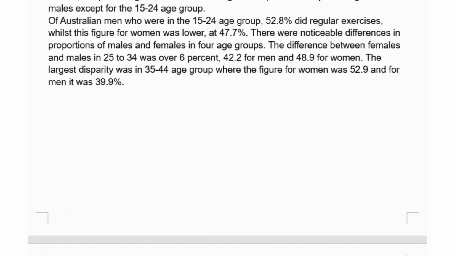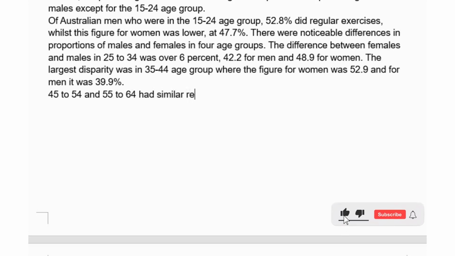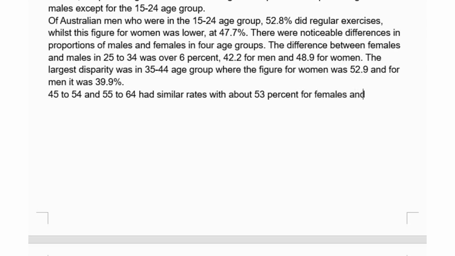So I'll start by saying 45 to 54, sorry about it, 54, and 55 to 64 had similar rates with about 53% for females and about 45% for men.